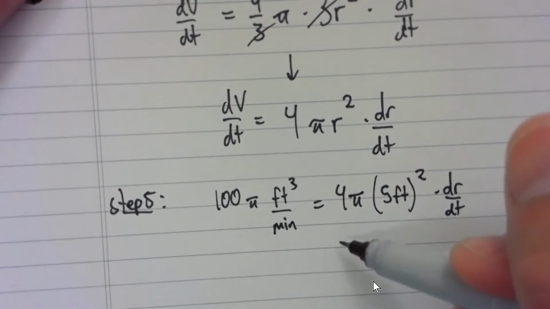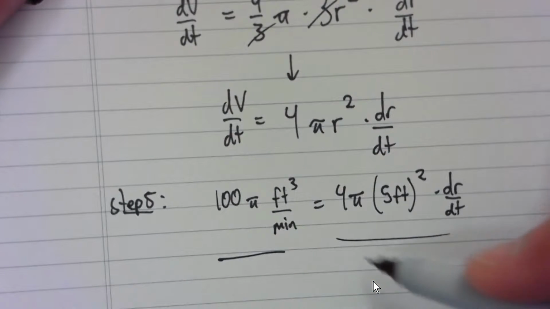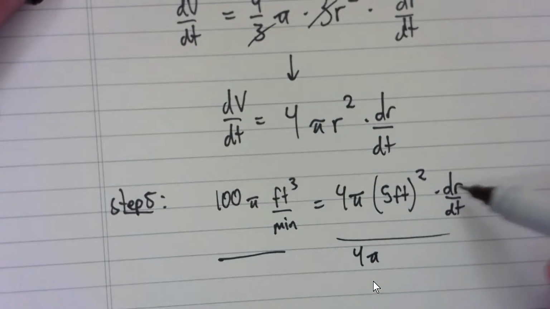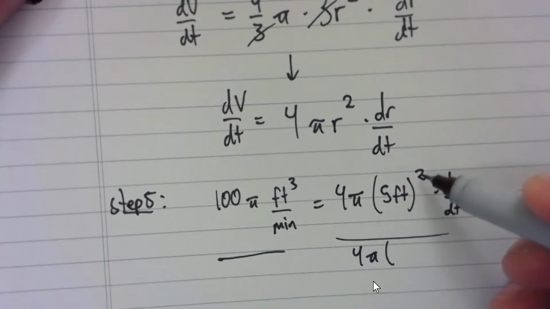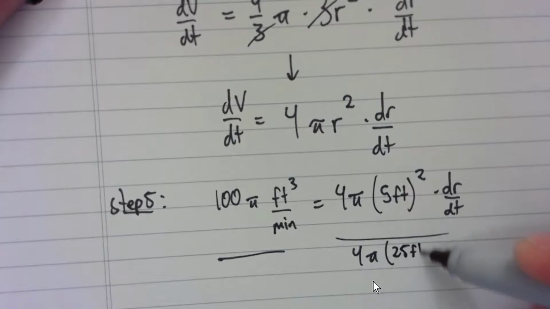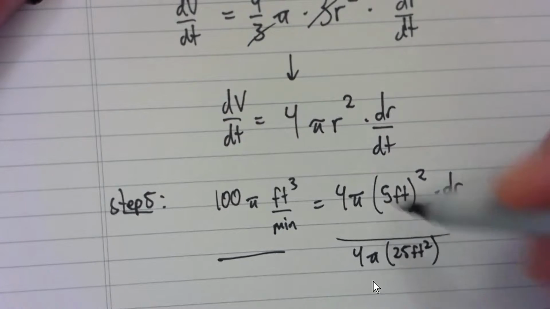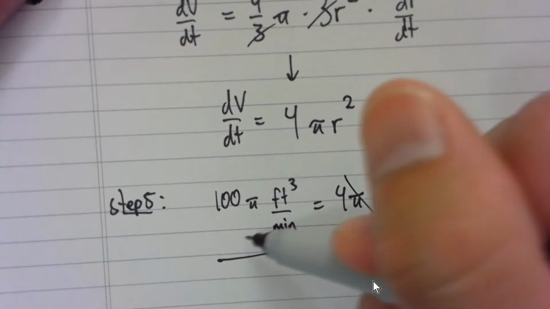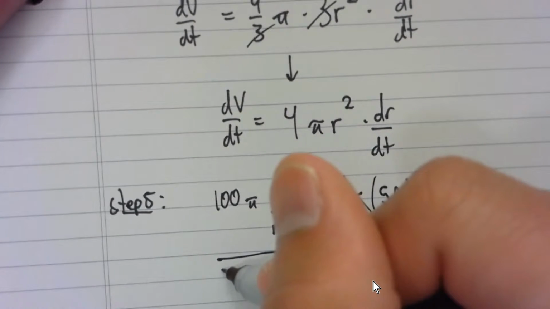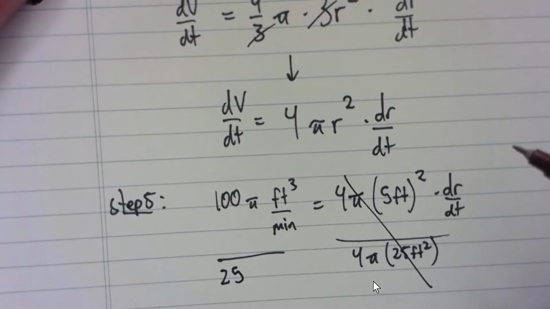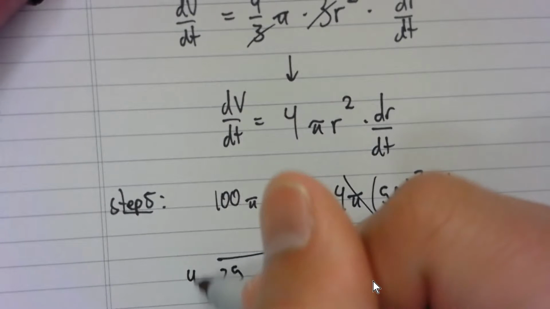We're going to divide both sides by 4 pi to isolate dr over dt algebraically. This is going to be 5 feet squared, which is 25 feet squared. That's going to cancel out, and whatever you do to one side of the equality sign, you have to do to the other side to continue to make both sides equal.